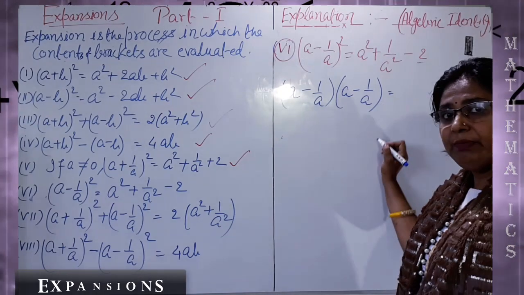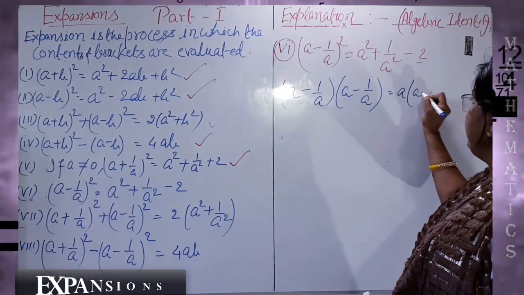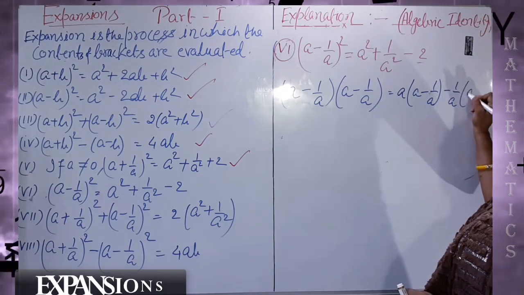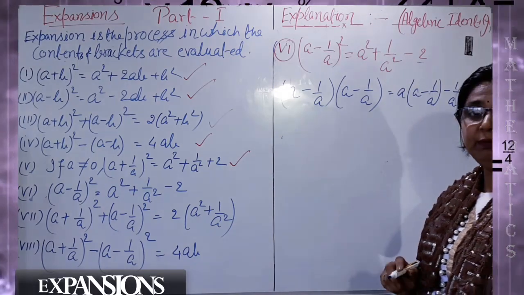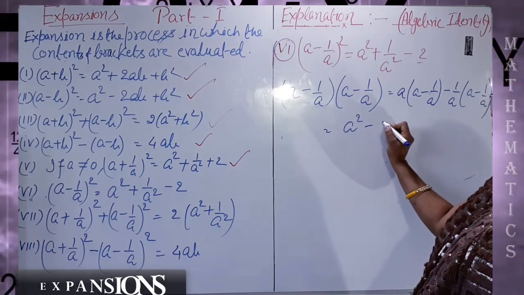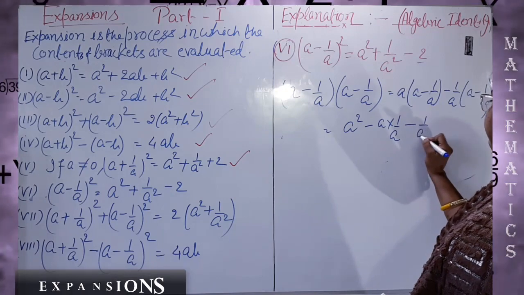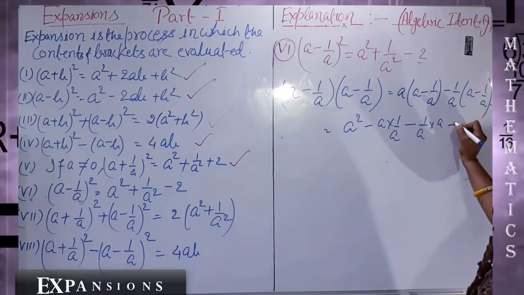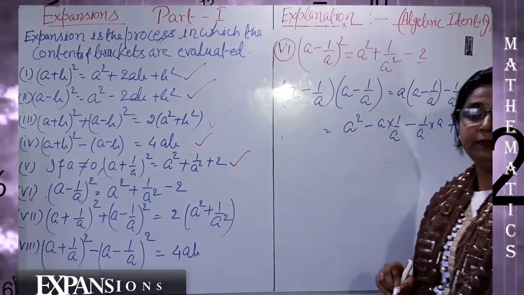Then again simple multiplication: a into a minus 1 by a, minus 1 by a into a minus 1 by a, like algebraic multiplication, is equal to a square minus a into 1 by a, minus 1 by a into a, and minus minus plus 1 by a into 1 by a.